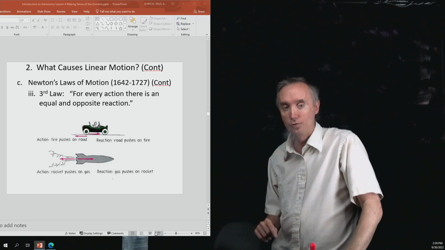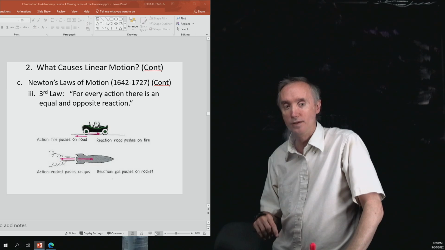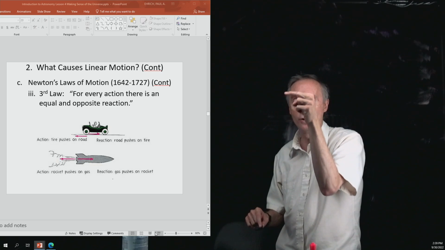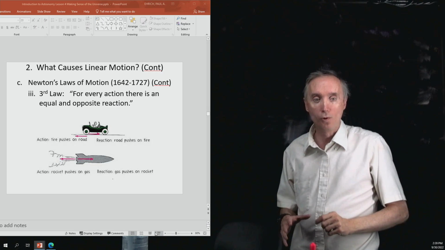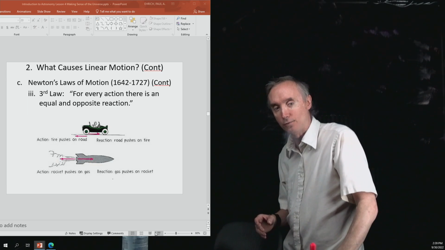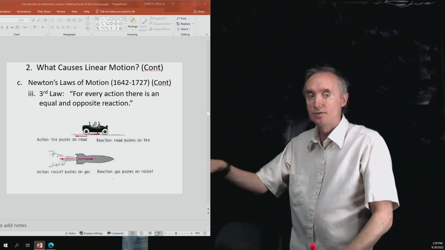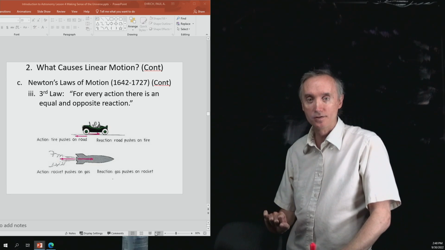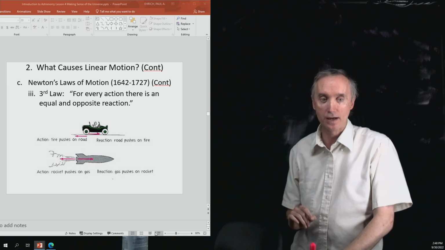The ground pushes against your foot, so that would be the reaction, but what direction? Opposite, which would be that way. So which way do you walk? Even though your foot's going backwards, your body is going forwards because of this equal and opposite reaction thing.